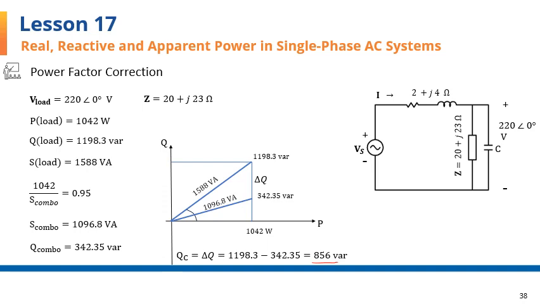We were here before the installation of the capacitor. We would like to be here after the installation of the capacitor. So the capacitor will need to provide this much volt ampere reactive, this much reactive power, which was calculated here. So we now have Q sub C, or the power that the capacitor has to provide.